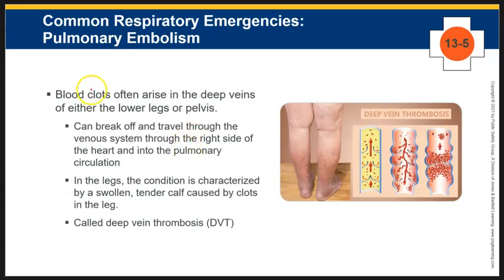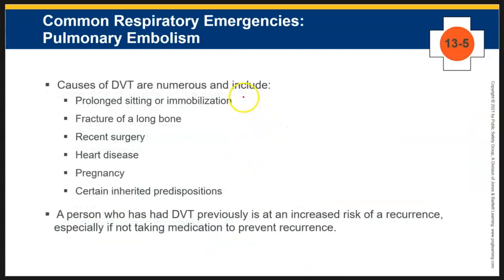Here we see exactly how that deep vein thrombosis may occur as that clot develops in the legs and then travels later on through the venous system, returning to the heart and into the pulmonary circulation. DVT, deep vein thrombosis. Prolonged sitting or immobilization, such as a long airplane flight or car travel. Fracture of a long bone that allows a patient to not be as mobile, perhaps they're bedridden as a result of that. Recent surgery, again, same thing.